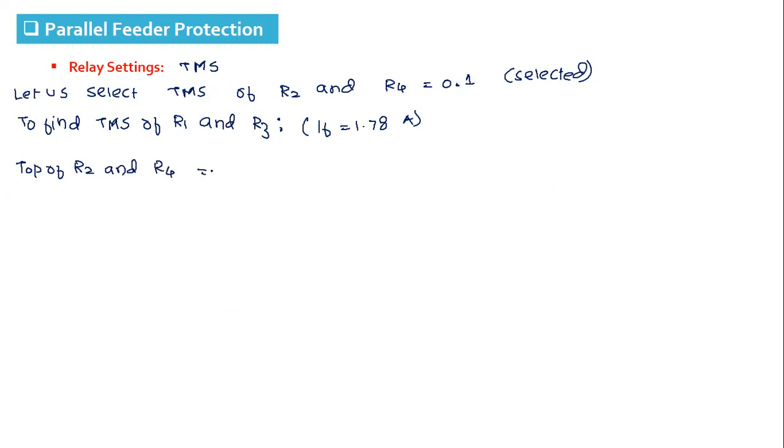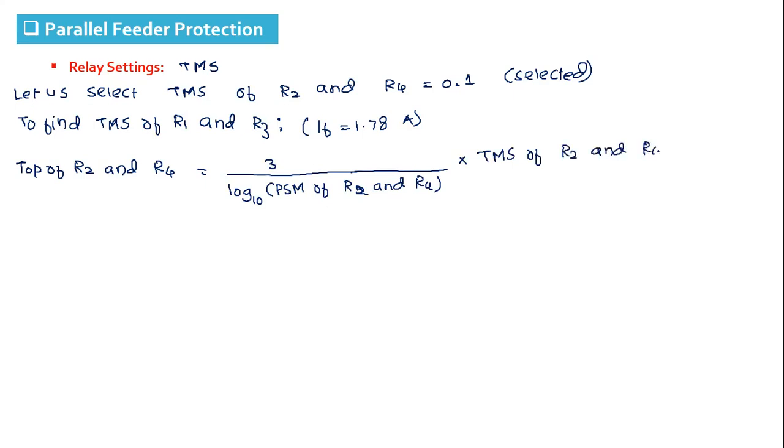Both will be the same. We can say 3 upon log PSM of R2 and R4, because they have identical settings, so we are writing into TMS of R2 and R4. So what is PSM of R2 and R4?